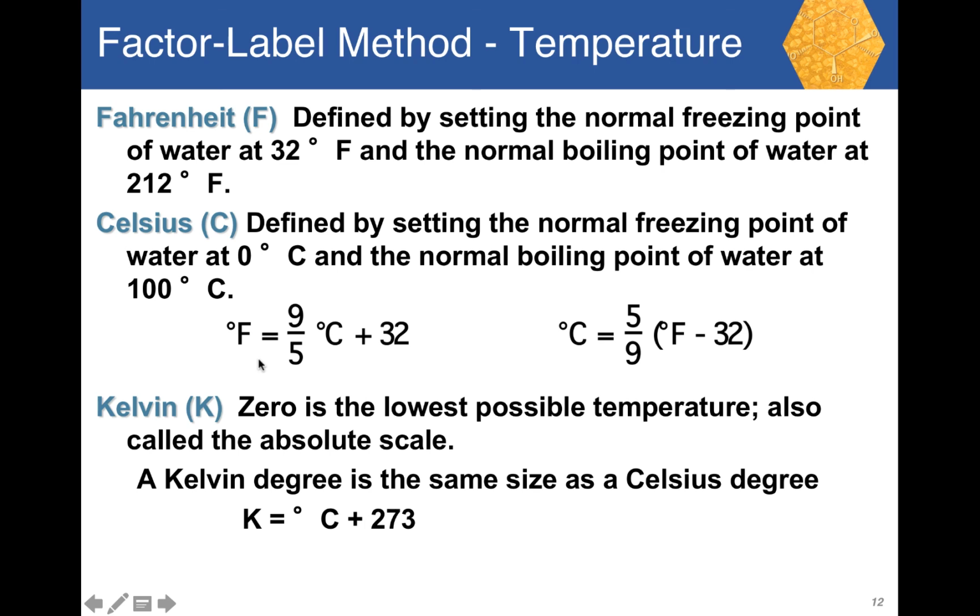Okay, let's continue and look at another set of measurements, and this is temperature. As I said, in today's world, we have 3 different units for temperature. We're more familiar in the US with Fahrenheit, F. So we ask, what's the temperature outside?